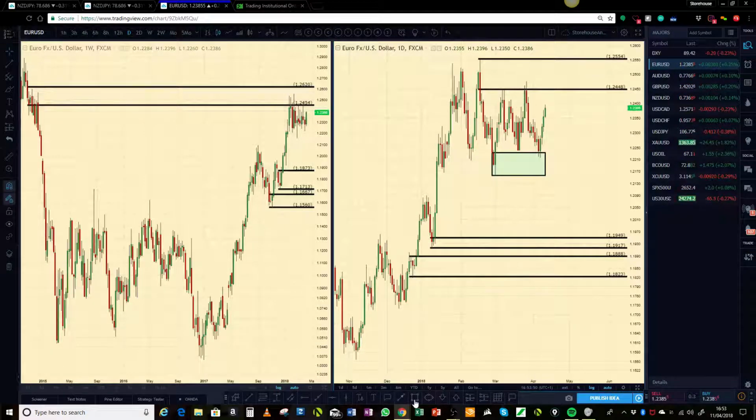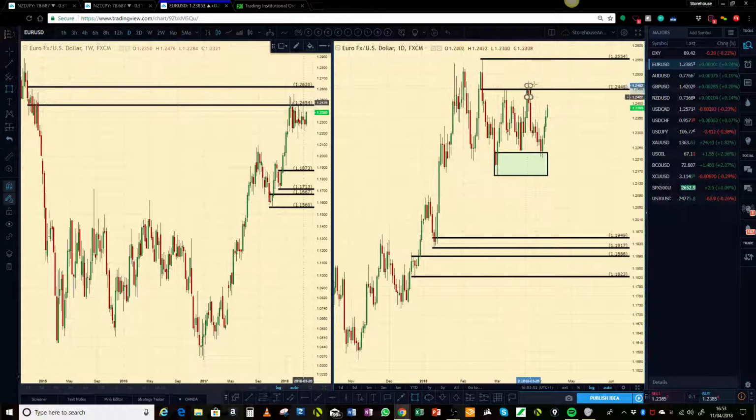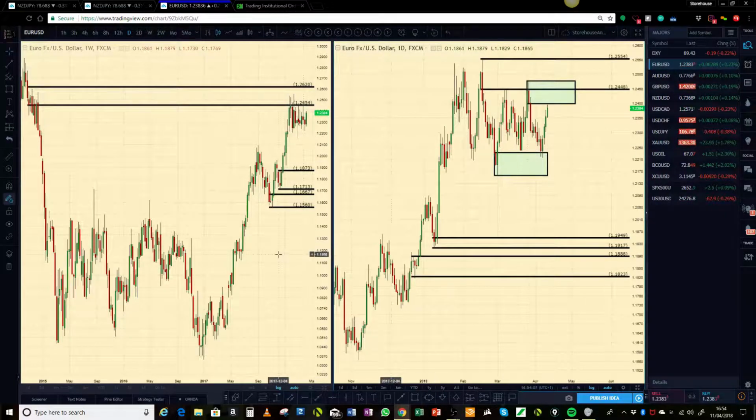So the level that we have here is in here, where this is the opposite to the US dollar, where it's coming into a level of supply. So possible short-term income trading in the euro coming up, likely in the next few days. So keep an eye out on that one.